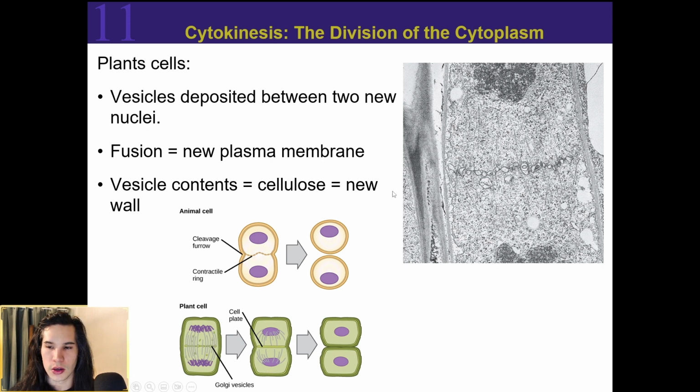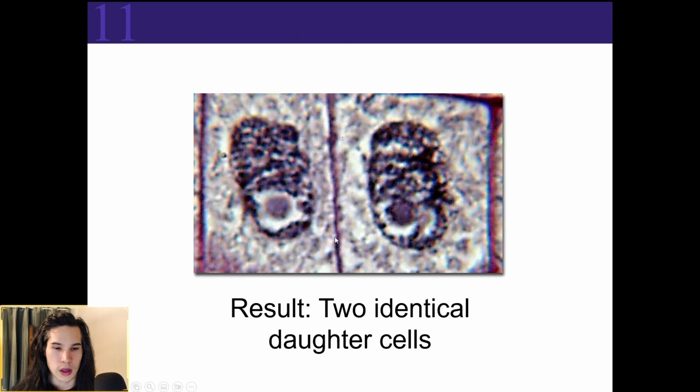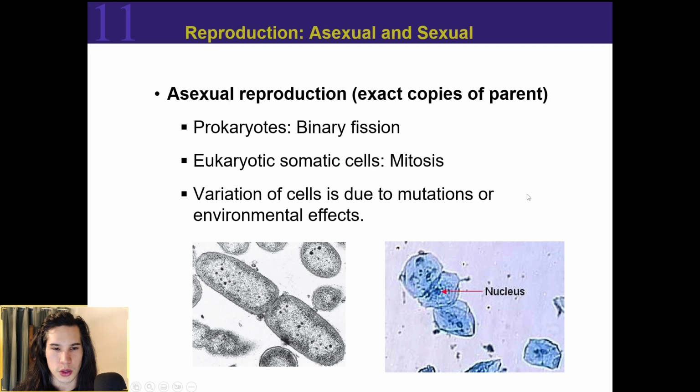So remember, cellulose is what's going to compose your cell wall. And then hopefully at the end of all this, you have two identical daughter cells. Looks like these are probably some onion root tips or some kind of plant cell. As you can see, they're rectangular or square in shape.